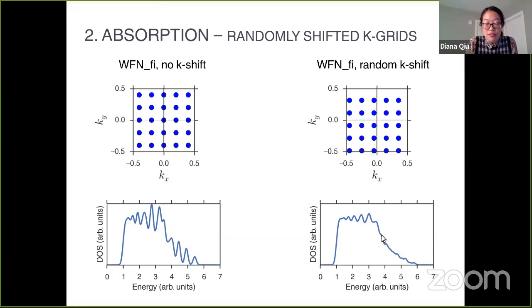So this random shift is going to give you a much smoother density of states, and the density of states will converge much more quickly with your K-grid if you use a random shift. So we always recommend that you introduce a random shift to the K-grid for WFN_fi.